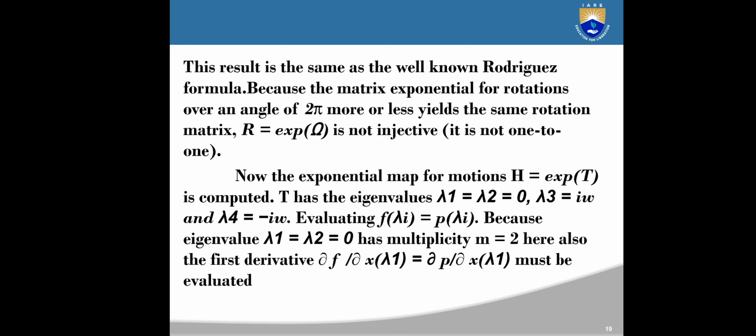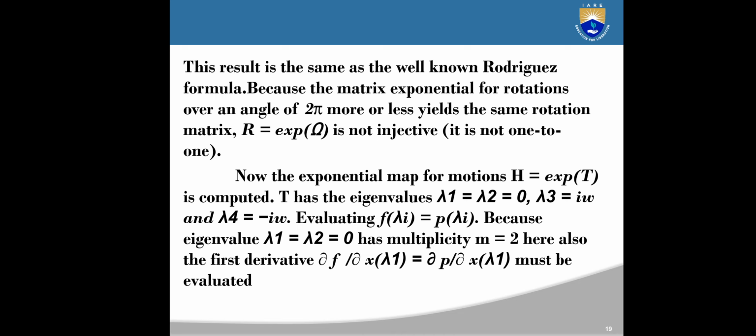Now the exponential map for motions H is equal to exponential of T is computed. T has eigenvalues lambda 1 is equal to lambda 2 is equal to 0, lambda 3 is equal to I omega and lambda 4 is equal to minus I omega.